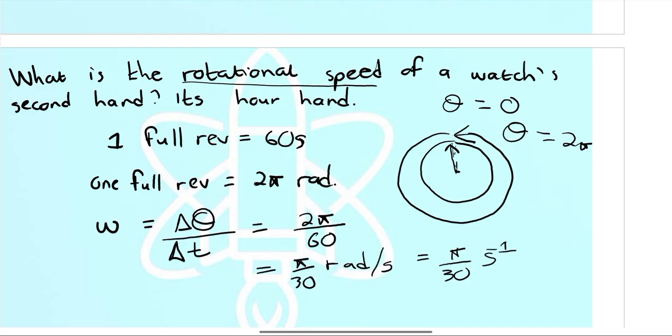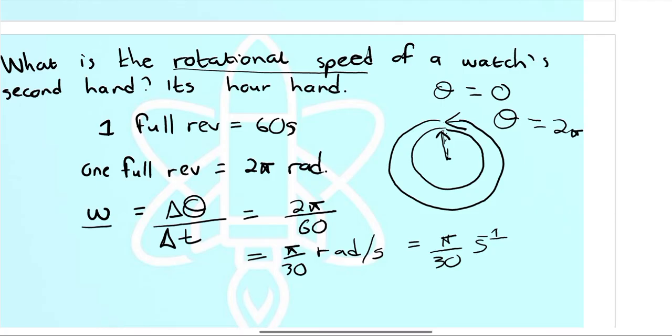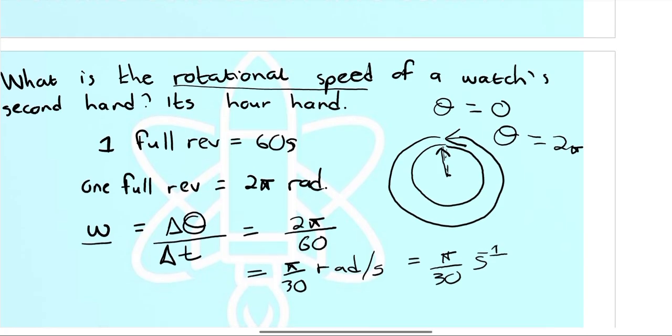So here we calculated our rotational speed, but this is for the second hand. We have another one, a shorter one, for an hour hand.